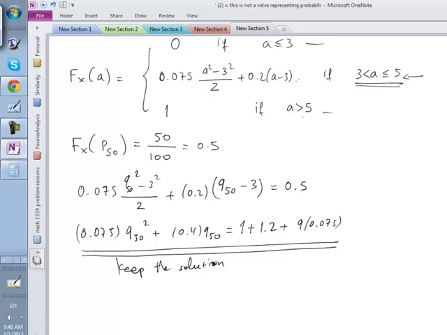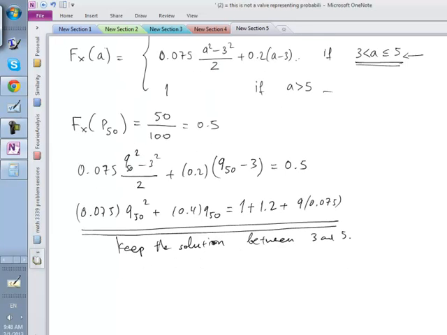And had it been greater than 5, the value of the CDF would have been equal to 1. So that doesn't qualify either. And that would be the solution of the problem.